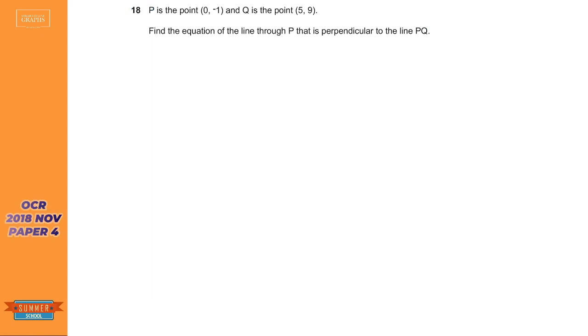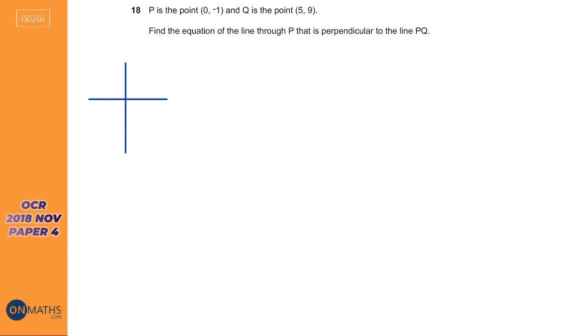Okay, finally, we've got our OCR question, and this question's all about understanding perpendicular. So it's a really good question to end on. We're given coordinates for P and Q, and sometimes I do a little sketch just to help me visualize it.